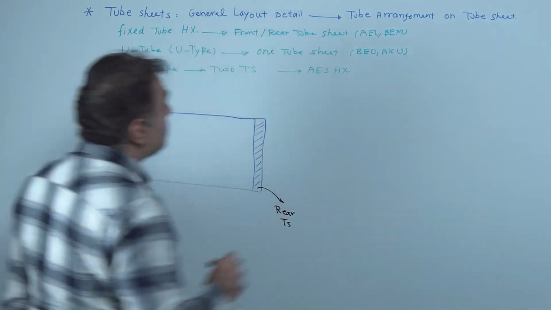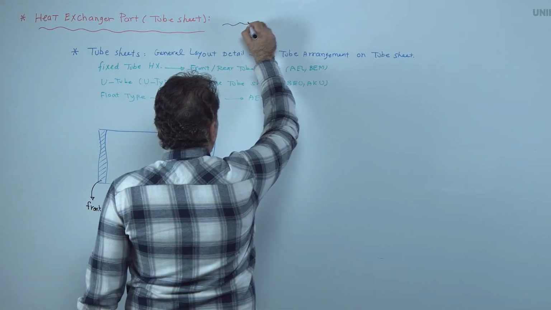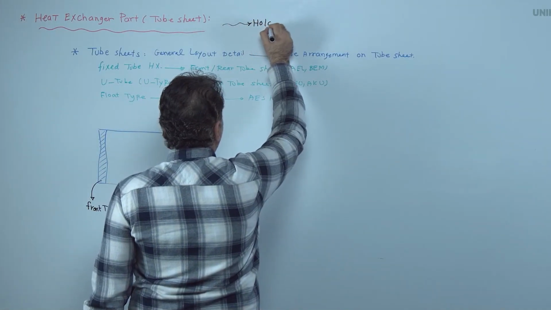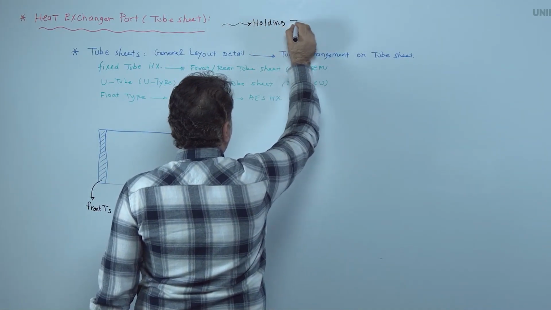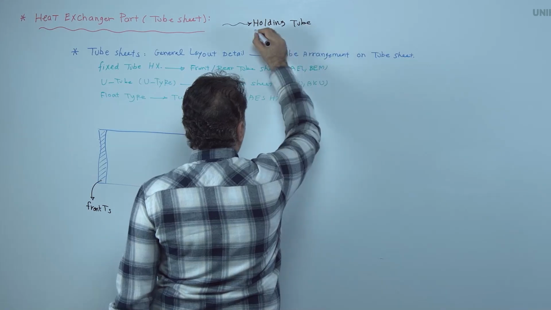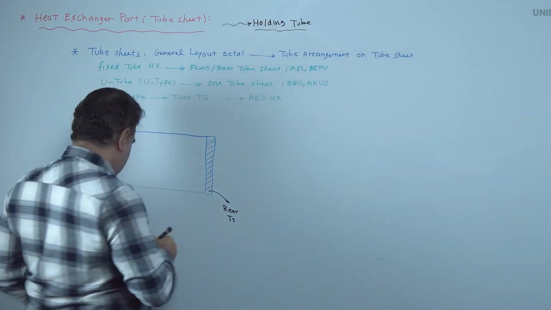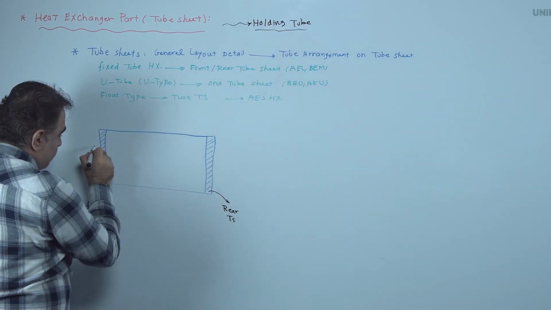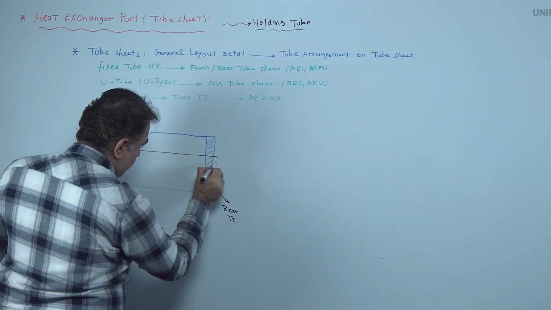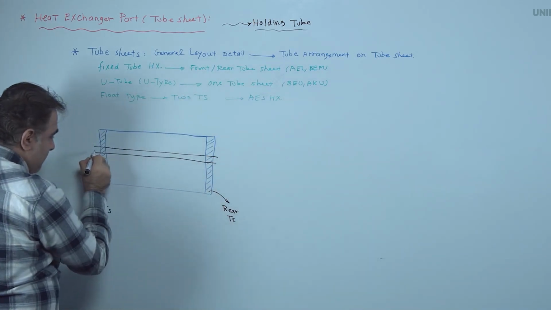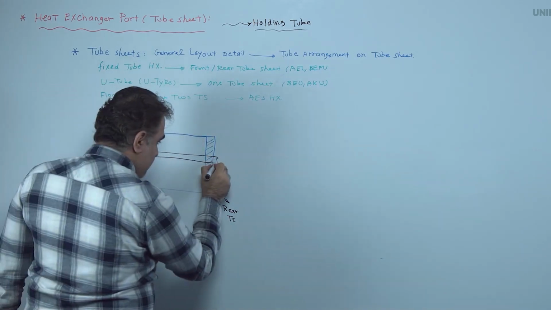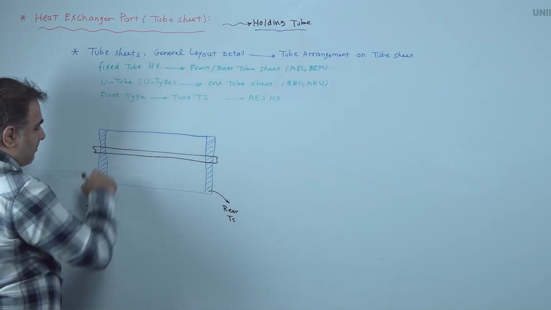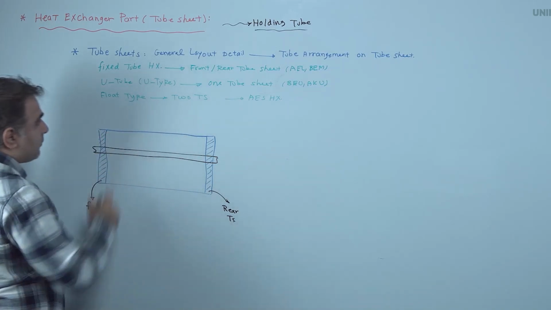The duty of the tube sheet is as a holding plate, holding or supporting the tubes. Therefore, the tubes are available here and held by the two tube sheets for a fixed tube sheet.